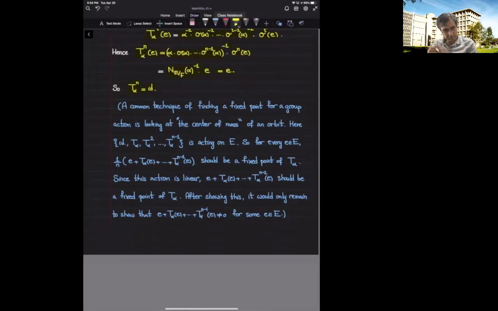That's one way of finishing the proof: by showing that this is the minimal polynomial and then arguing that 1 is a 0 of the polynomial x to the n minus 1. From there, you can deduce that 1 is an eigenvalue of this polynomial, and that finishes the proof. But we haven't studied that part of linear algebra over arbitrary fields, so we are going to use another technique.